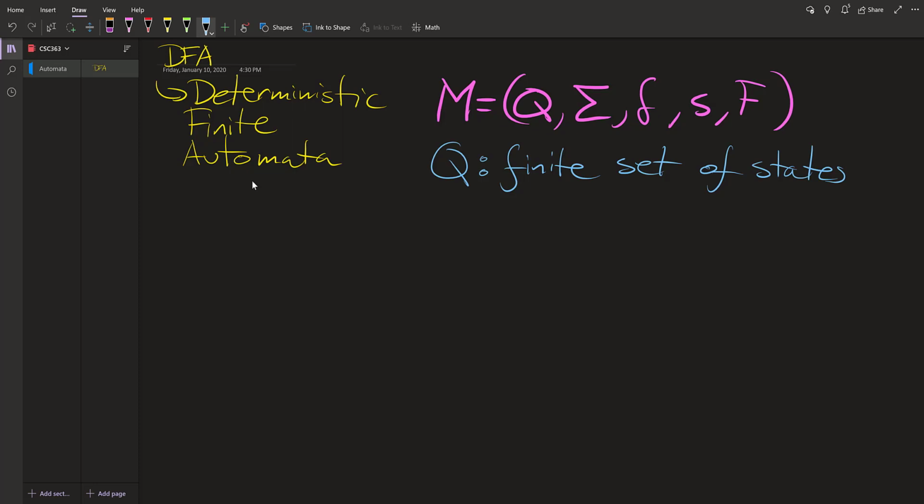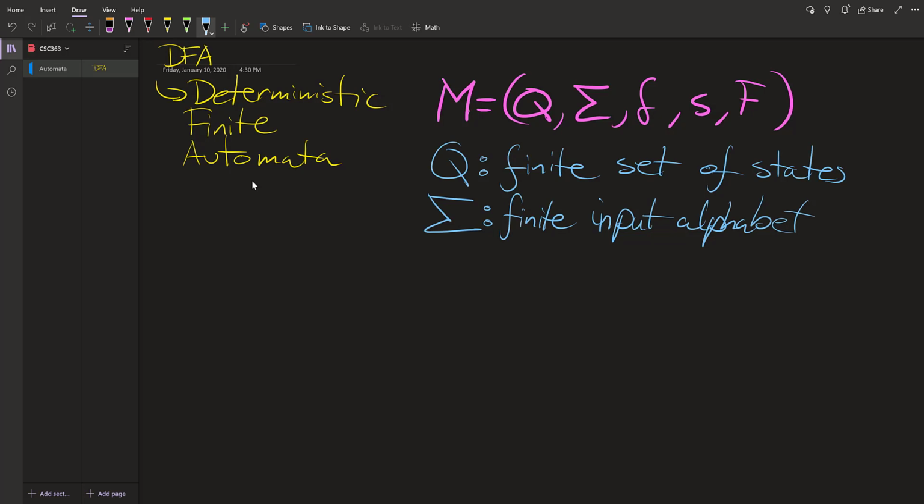Let's also talk about sigma, which is a finite input alphabet. And when we say alphabet, we're talking about symbols.